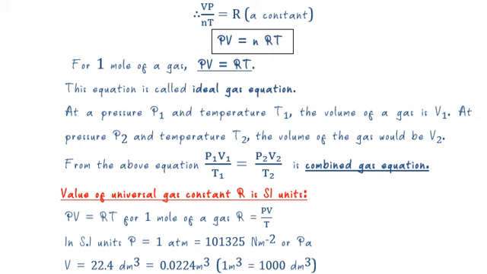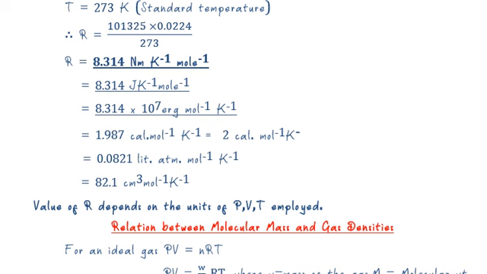So V is equal to 22.4 decimeter cube, that is equal to 0.0224 meter cube, because 1 meter cube is 1000 decimeter cube. Temperature is equal to 273 Kelvin, that is standard temperature. So the value of R will be 101,325 into 0.0224 divided by 273. So R is equal to 8.314 Newton meter per Kelvin per mole.